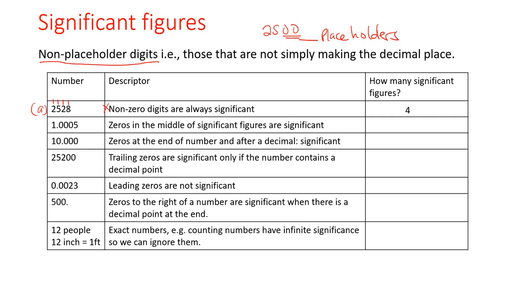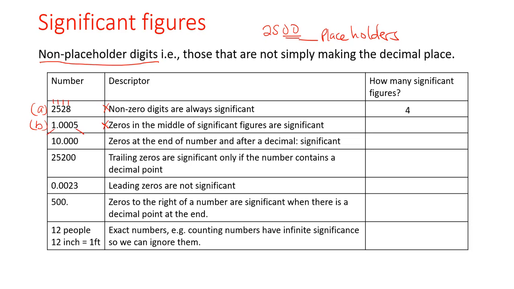What about B? B has what we call captured zeros. That is, zeros in the middle of significant figures are significant. So here we have a significant figure here.